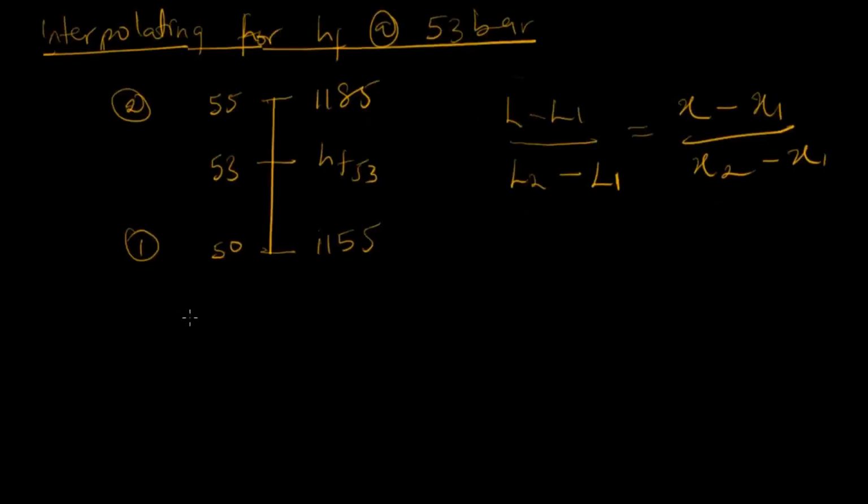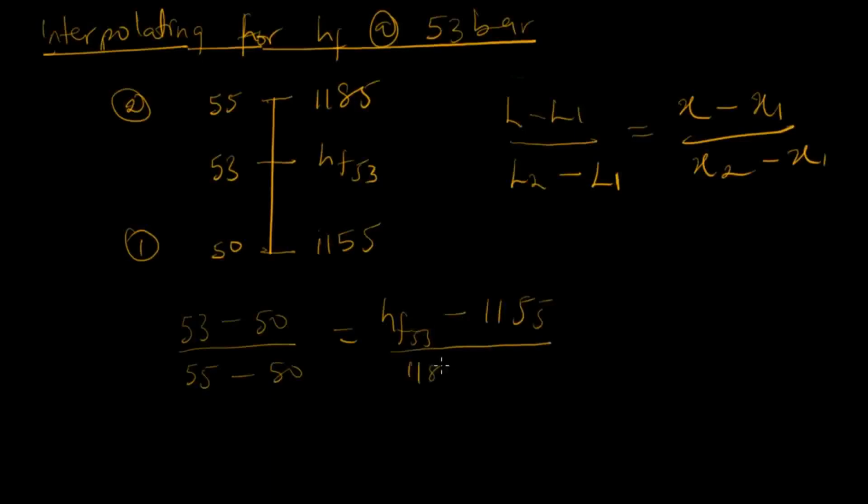This implies that 53 minus 50 over 55 minus 50 will be equal to HF53 minus 1155 all over 1185 minus 1155. Doing this, we have 3 over 5 is equal to HF53 minus 1155 over 30.